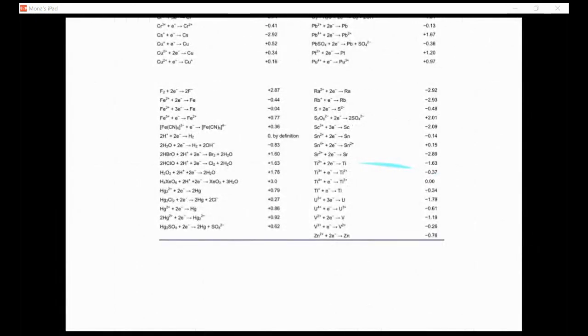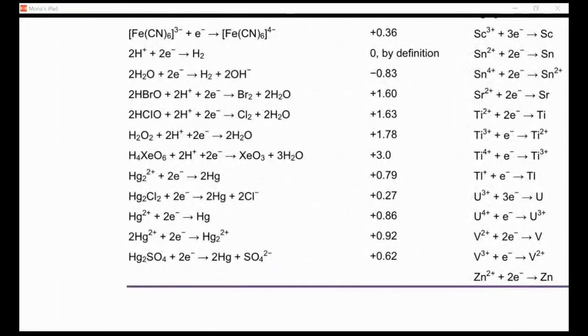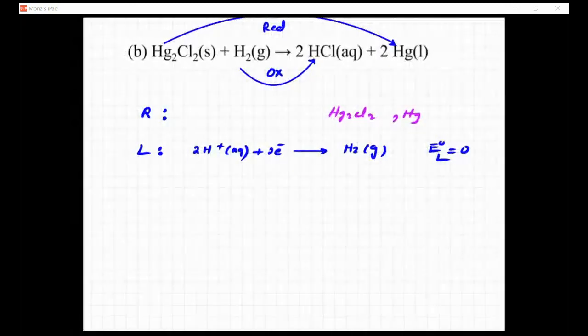Let's see, Hg. Okay, it looks like I have something like that, which is Hg2Cl2. Okay, this one here. This is what I have, so I want to use this here.